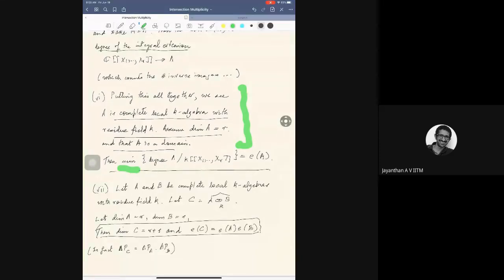So what is the minimum? When you take a product of two varieties, the multiplicity is in fact just the product of the two multiplicities. So in fact, there's a better statement here, but you can ignore that. That's that. Right?